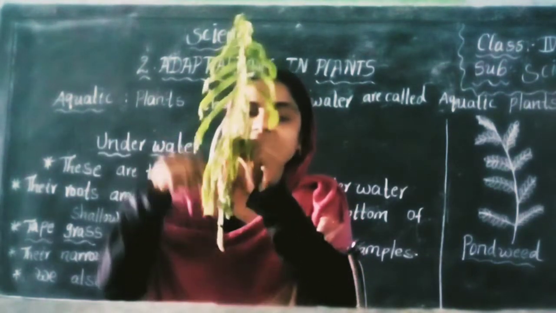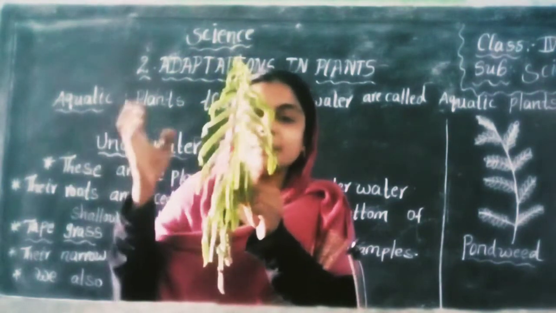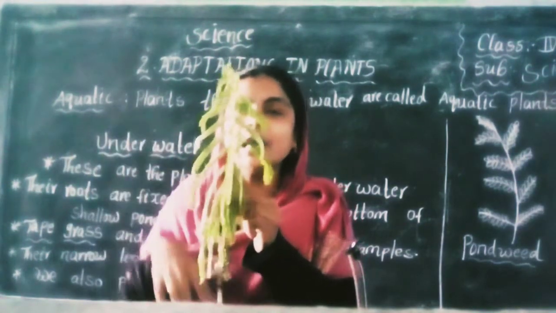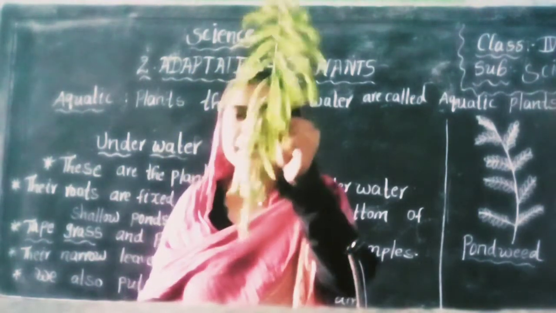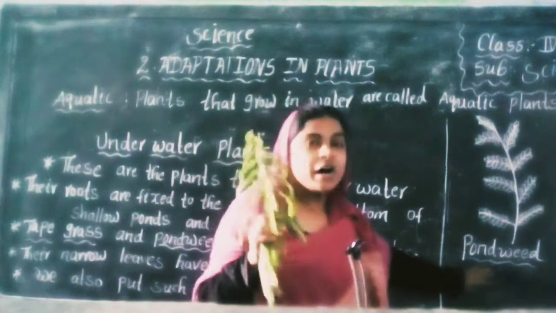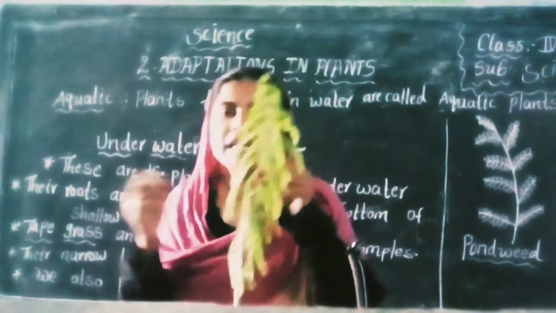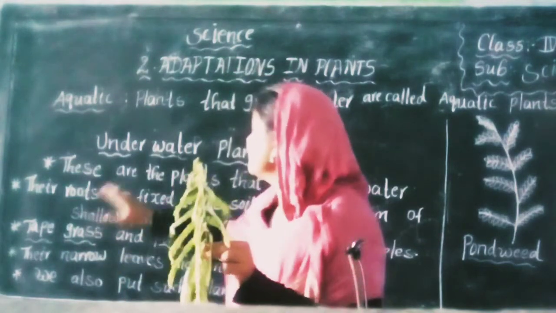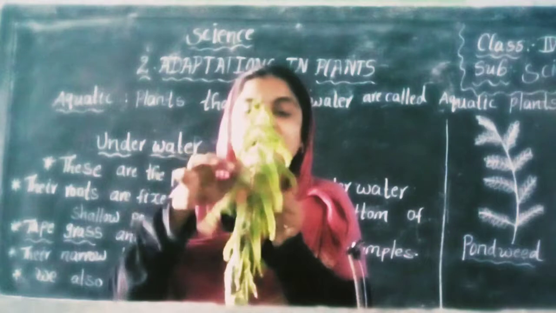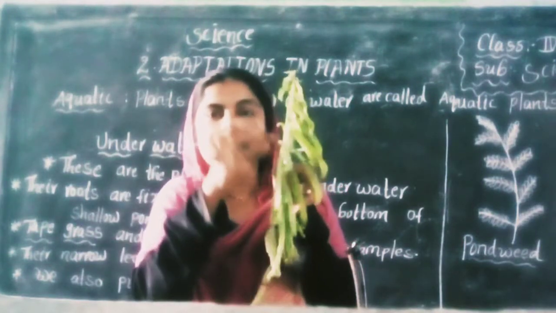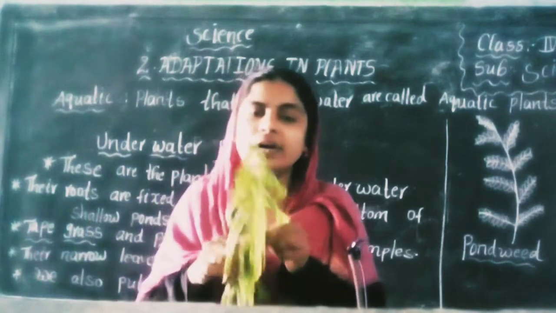Their roots are fixed to the soil or bottom of shallow rivers and ponds. Tape grass and pondweed are the common examples of underwater plants. Their narrow leaves have no stomata at all.